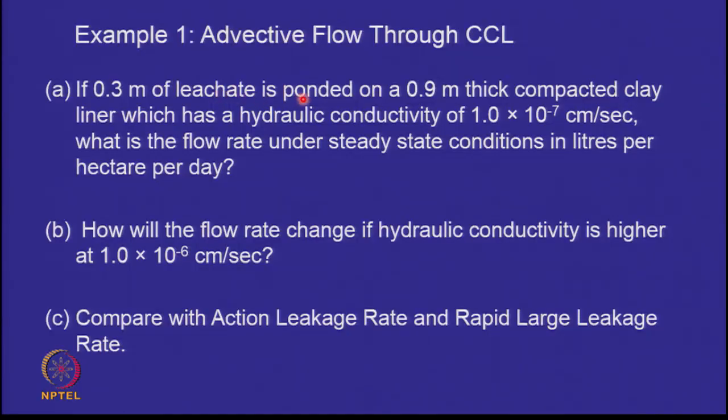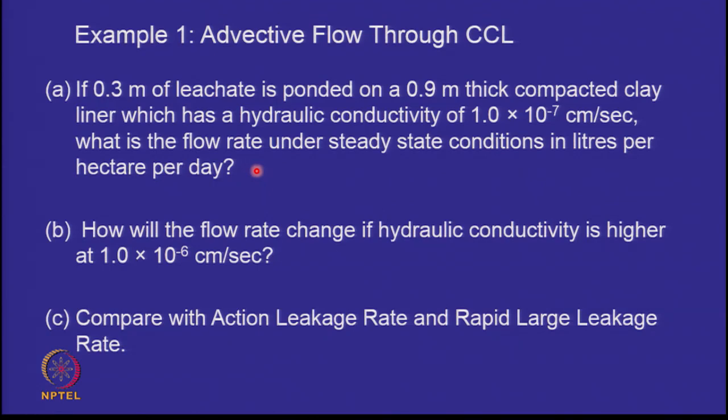So now what we are going to see is that if 0.3 meter of leachate is ponded on a compacted clay, I'm not talking of a composite liner, just a compacted clay liner, which meets our specifications of 1 into 10 to the power minus 7 centimeters per second, then what is the flow rate which occurs under steady state condition in liters per hectare per day?